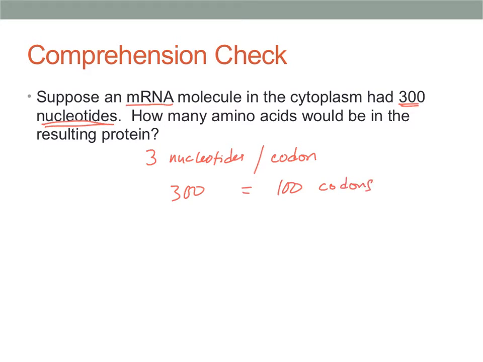So if there's 100 codons, does that give us 100 amino acids? Well, the first one would be start, and the last one would be stop. And so it would be 100 minus 1 minus another one. There would be 98 in the protein.